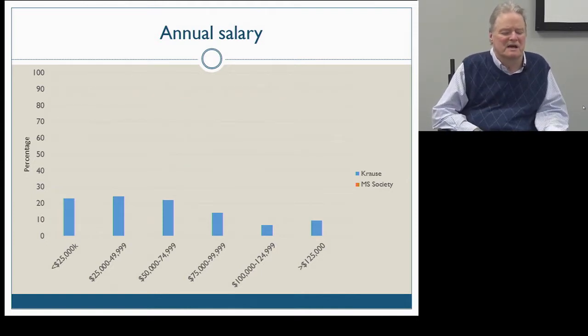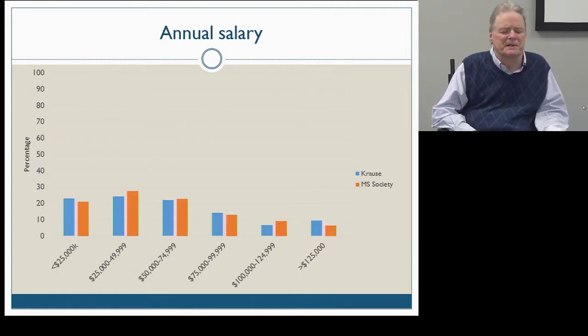And this is a grouping of annual salaries, broken down into some general groups so that we can present it in graphic form today. You can see that it's skewed toward the lower salaries, and these are among people who are employed. There are some higher level salaries, about 10% above $125,000.